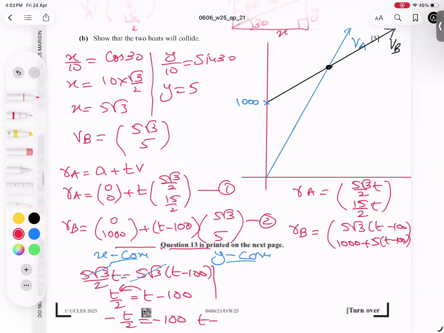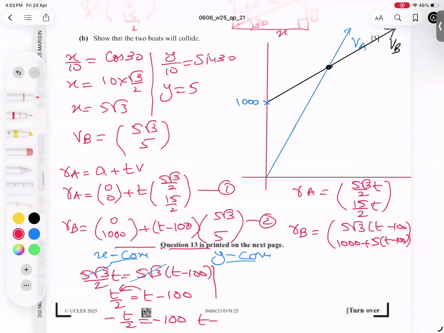I got T from here, 200. So the first comparison, the X comparison, is done, and we got 200. Now the Y comparison, this and this.